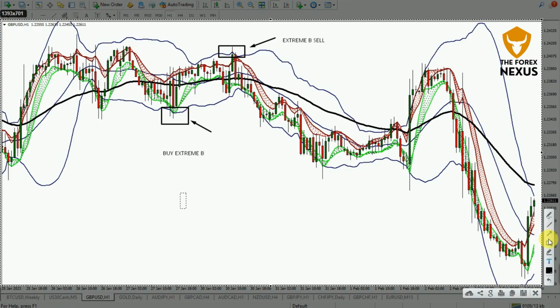When the candle gets rejection from the lower band and the MA5 closes inside the lower band or upper band, it is called extreme B. In simple words, it's a no momentum area.